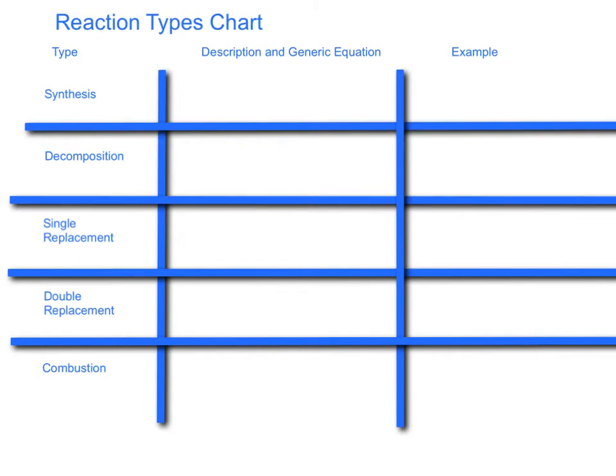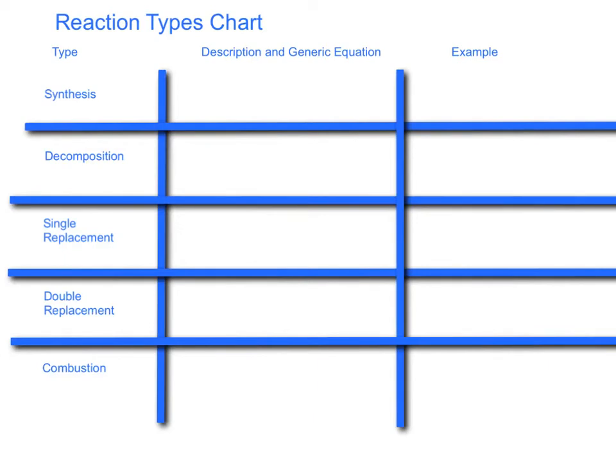So what we'd like you to do in your note sheet is create the chart that you see here. It's a 3-column chart where we're going to list the types of reactions down the left-hand side, and then leave a pretty broad space for your description and a generic equation for the reaction type. And then we'll give you a specific example of the reaction in the third column.